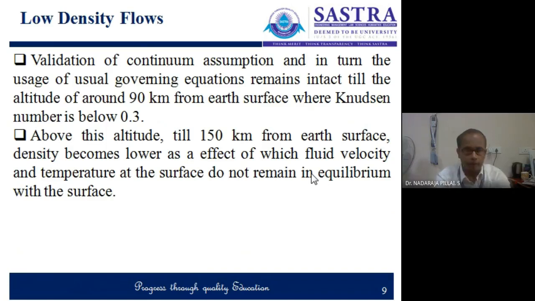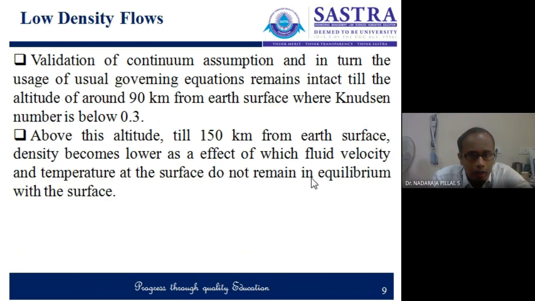Above that, at an altitude of around 150 kilometers, the density becomes lower, and the fluid velocity and temperature at the surface do not remain in equilibrium with the surface.